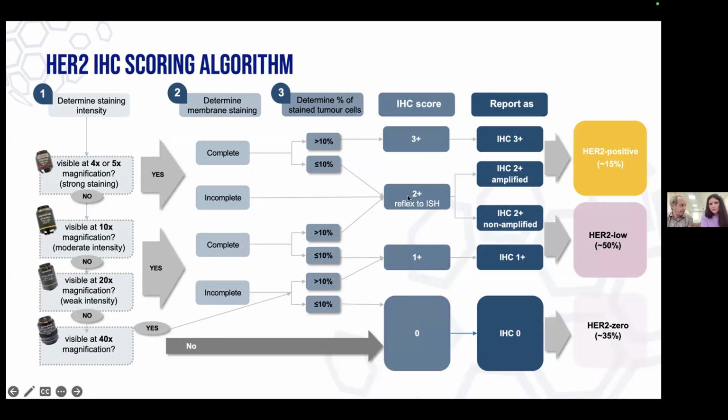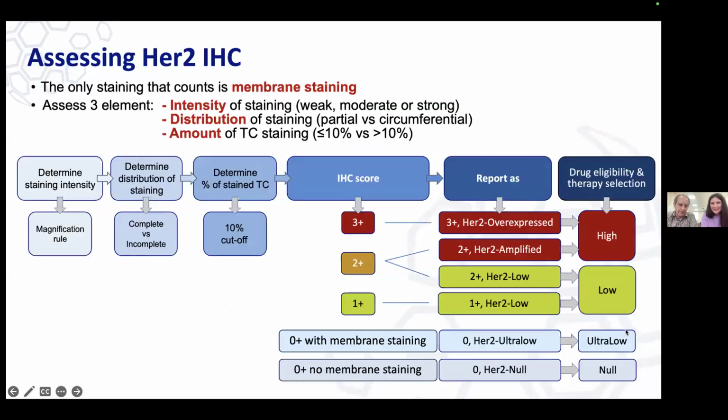It comes down to the staining pattern, which we need to take into consideration in the context of the scoring algorithm. The new scoring algorithm, instead of having HER2 0, has ultra low and then null. These are the words we need to keep in mind.